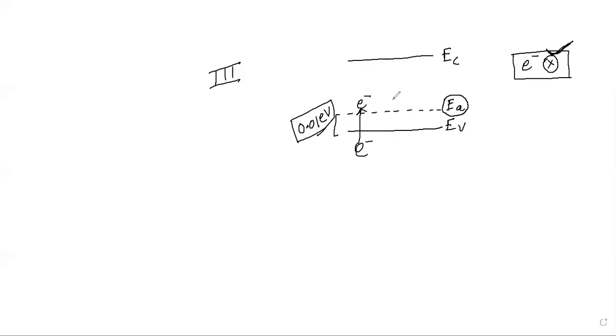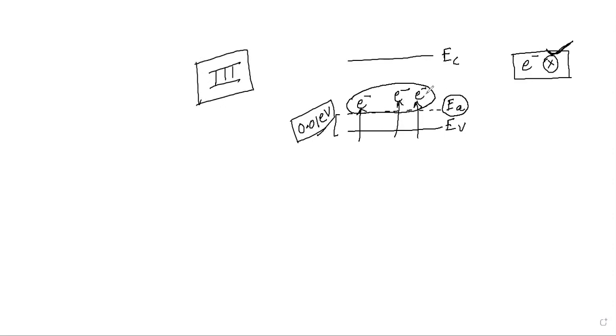Similarly, you have more acceptor states, so with thermal agitation or a very small amount of energy given to the crystal, all these electrons in the valence band will move to them. So the electrons from the valence band are moving to the acceptor level. These electrons are received by this boron or group 3 element.